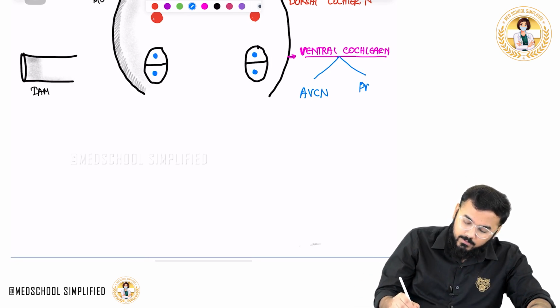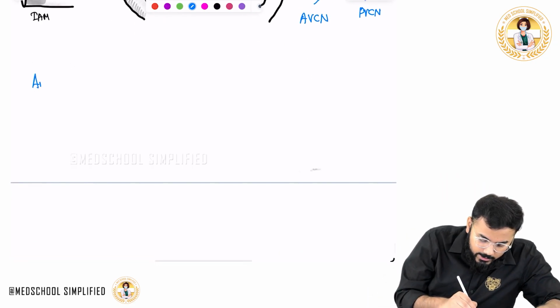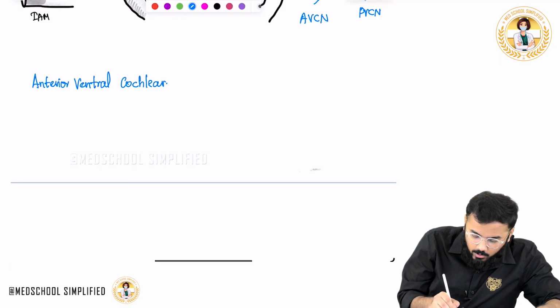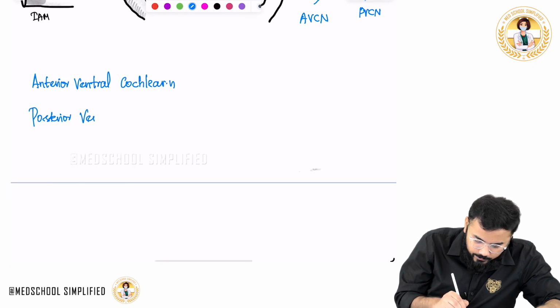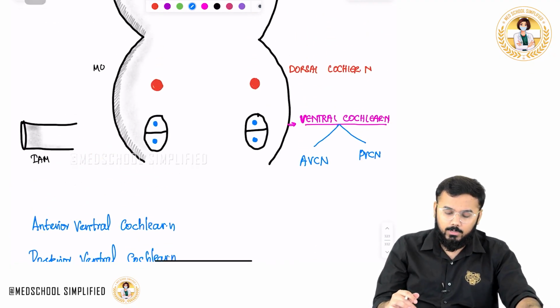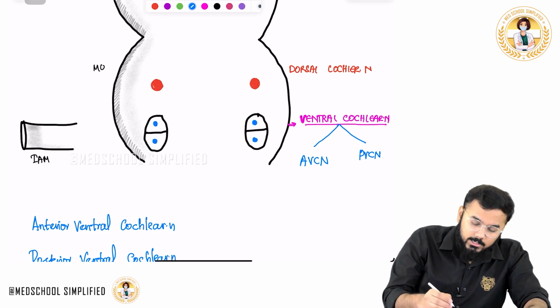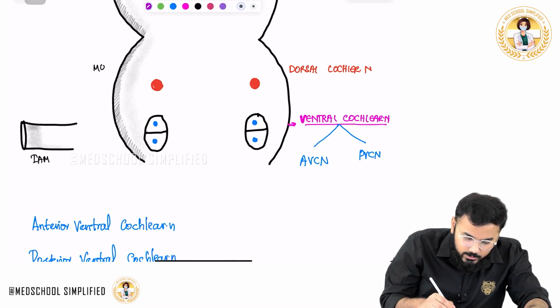Another one is called PVCN, the posterior ventral cochlear nucleus. Anterior ventral cochlear and posterior ventral cochlear nucleus. And this is called the dorsal cochlear nucleus. Just above and medial to this dorsal cochlear nucleus, you have got one more nucleus over here.